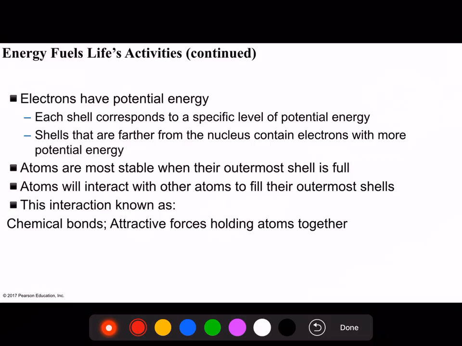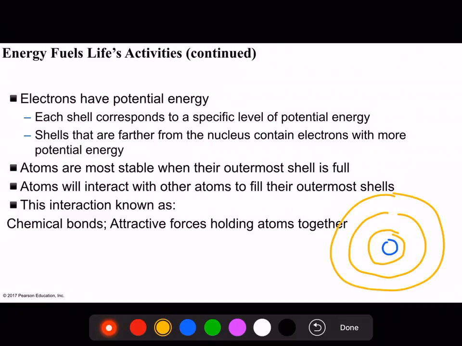Now, we mentioned the electrons and we mentioned that they have this potential energy, and that they are around the nucleus. They are spinning in different levels of energy, okay? And we said that the farthest the electron is from the nucleus, it means it has more potential energy.